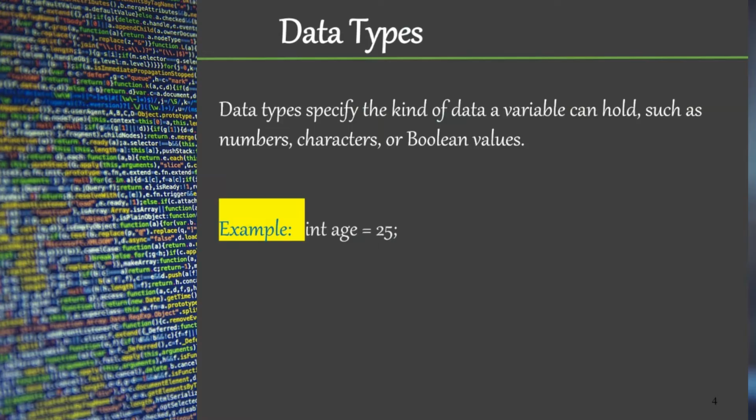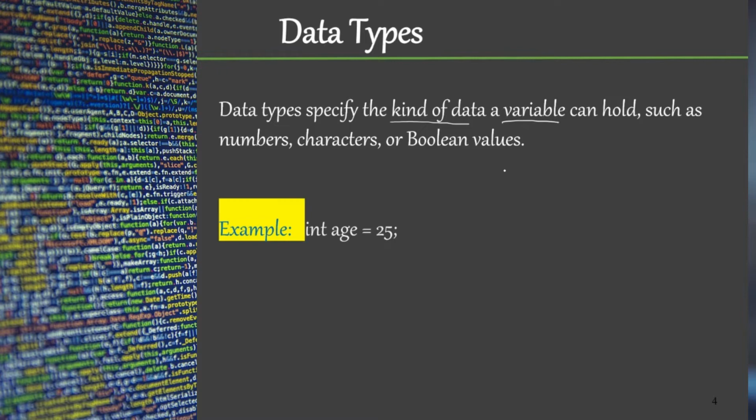Data types are basically used to specify the kind of data. If you carefully see here, the kind of data we are talking about, and another thing we are mentioning here is a variable.